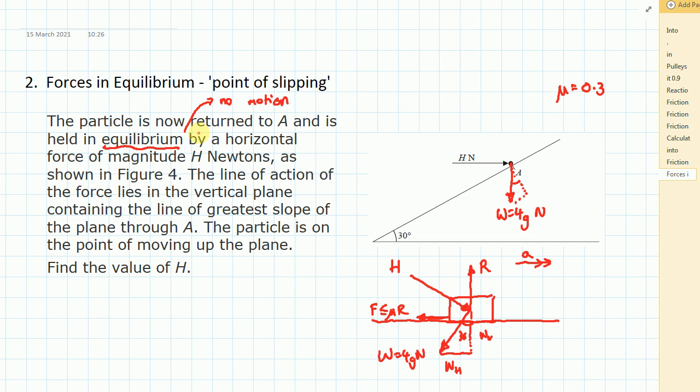And as we're on the verge of motion, on the point of slipping, we actually have F equals mu R, on the limit of equilibrium. So there's my diagram with some extra forces added to it.